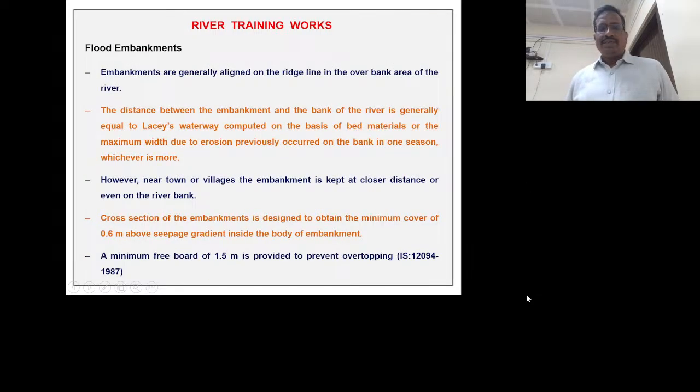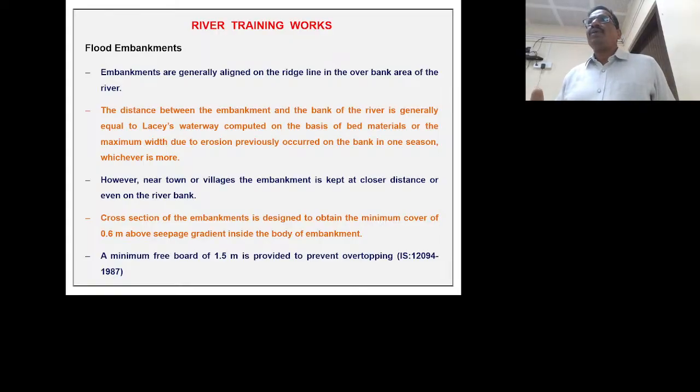Flood embankments are generally constructed along the banks to protect the areas nearby. These are also earthen embankments with protection works. I just now explained how to protect these embankments by using slope protection, launching apron and toe wall. The cross section of the embankment is designed to obtain a minimum cover of 0.6 meter above the CPS gradient inside the body of the embankment.